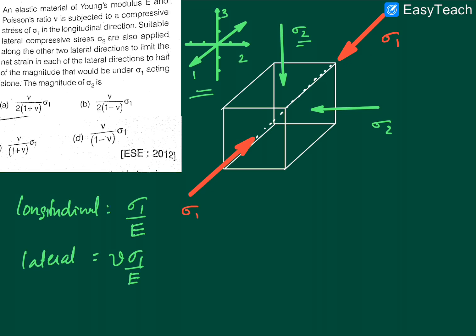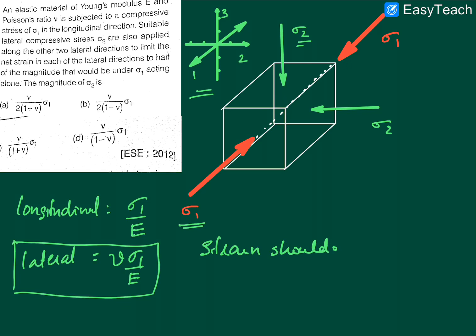According to the question, this lateral strain should be constrained to half of this value when sigma 1 is acting alone. So our strain should be half of this value, so nu into sigma 1 divided by 2E. Now coming to the other stresses, sigma 2 acting along the second direction as well as the third direction will produce some strain.